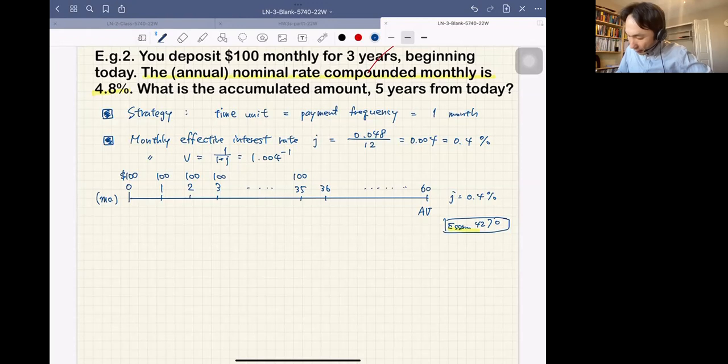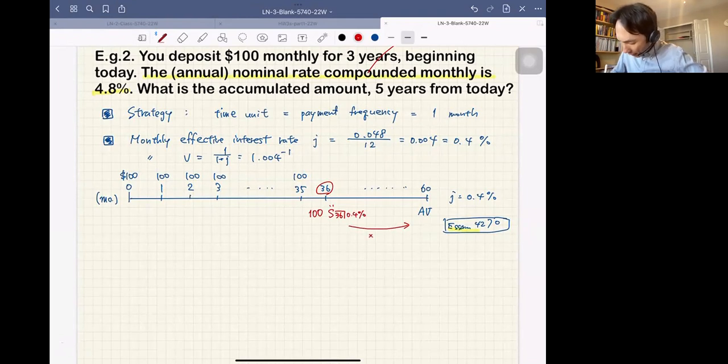Okay, so how to calculate AV, and the idea is that we evaluate this at t is equal to 36. Then after that we multiply some number to get the accumulated value. So at this point, the accumulated amount is 100 times the S double dot angle 36 at 0.4%.